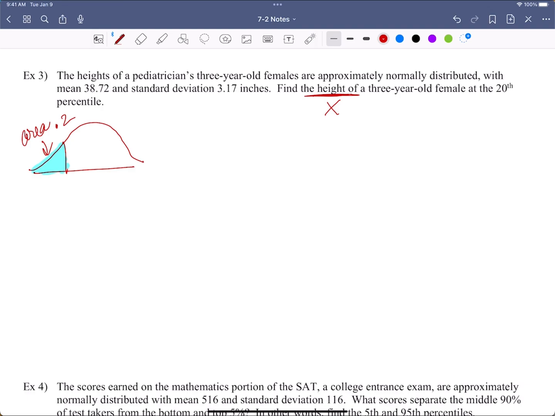Okay, so that tells me that I am going backwards with it. I want that x value here where I'm given the probability, the proportion, the area. The percentile is another P word that we go through, all right? So what we're really trying to figure out is what is my x value.